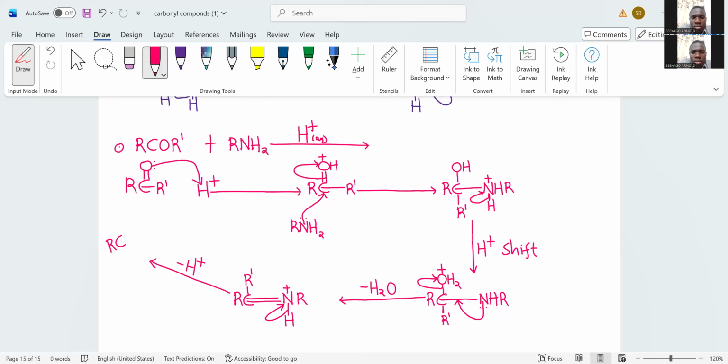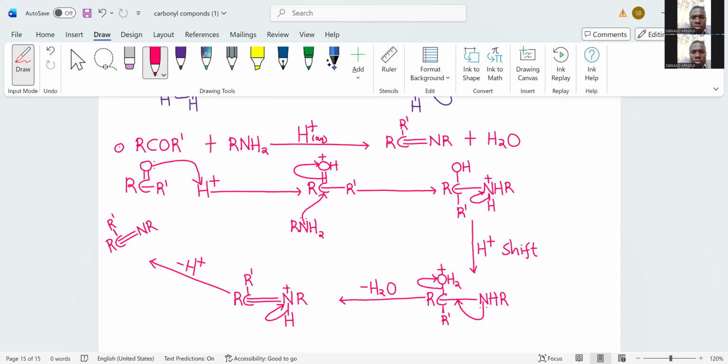R, C with R prime, this is a double bond, N, R, like that. So what have I formed? I have formed R, C, R prime, a double bond with the NR plus H2O. Like that.